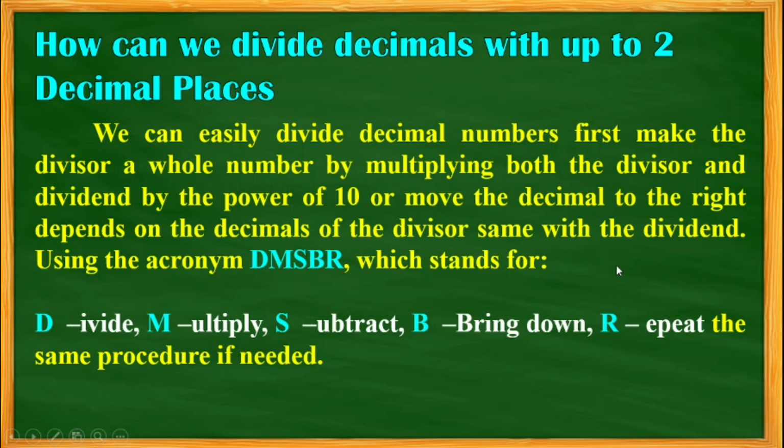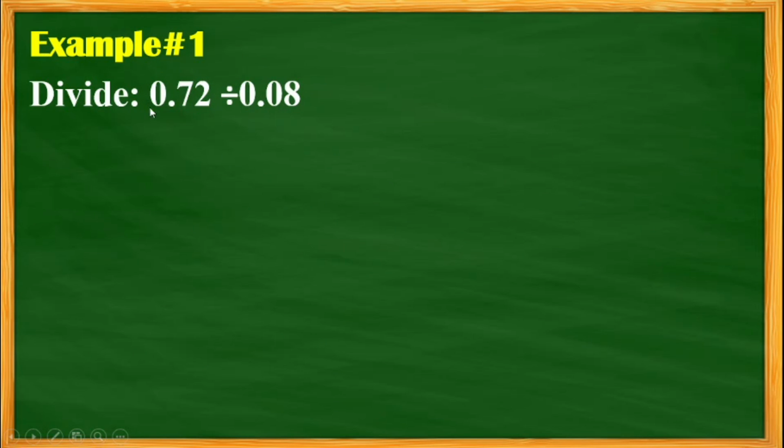So let's proceed to further analyze how to divide decimals with up to 2 decimal places. Example number 1: divide 72 hundredths by 8 hundredths.